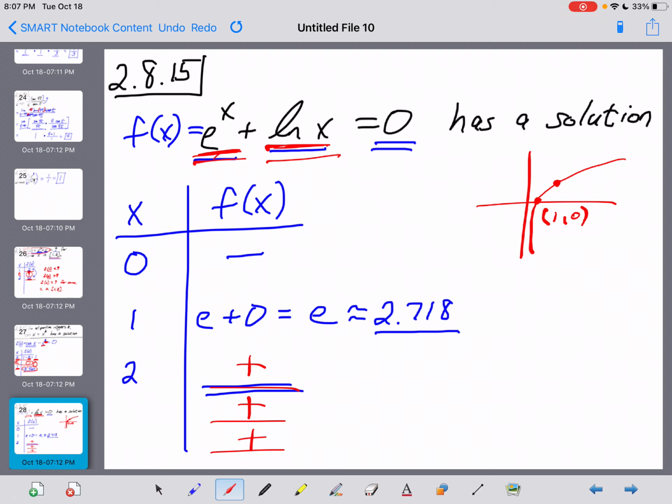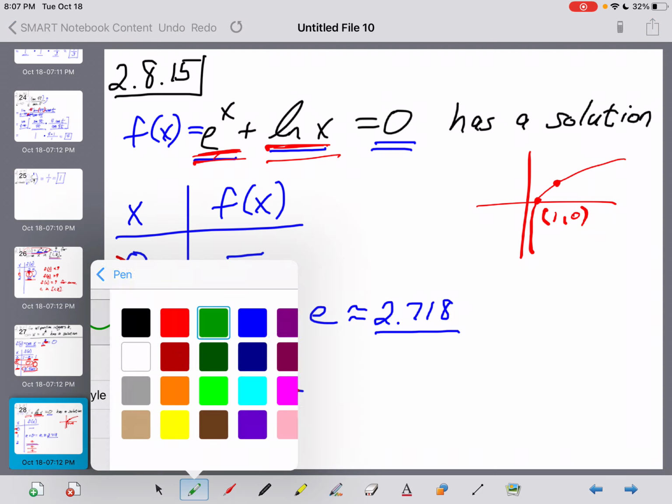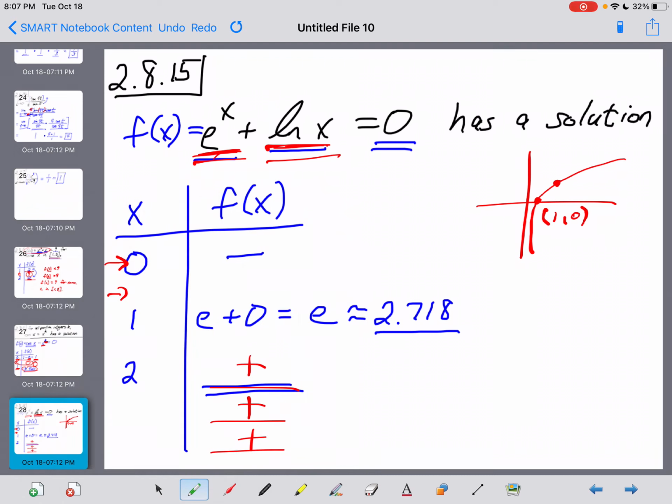I think the key here, guys, is the fact, and I alluded to this a second ago, that this function is undefined right here at 0. But that doesn't mean that it's undefined somewhere in between 0 and 1. So let's just try real quick. I'm going to switch colors on you here. What if I put in a number between 0 and 1, like 0.5?